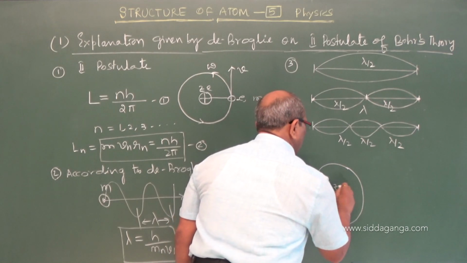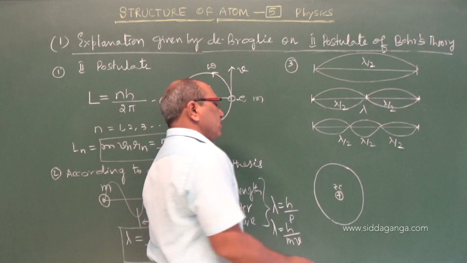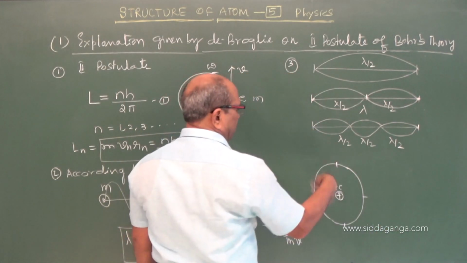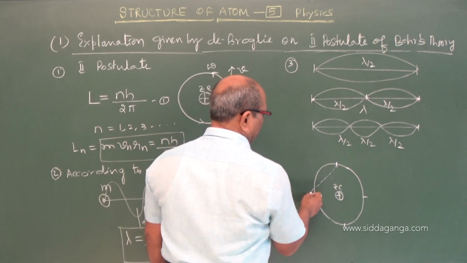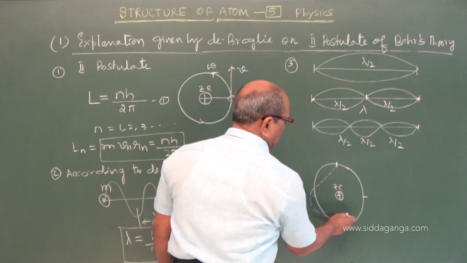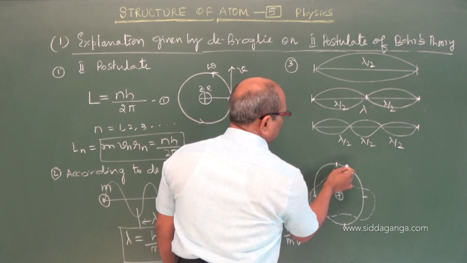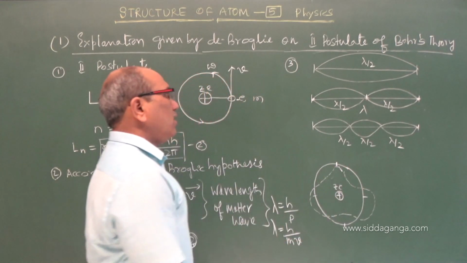Thinking of the electron as a wave, let us imagine that the electron is moving like this, for example, it is moving to that one. Now you see that this is not forming properly.